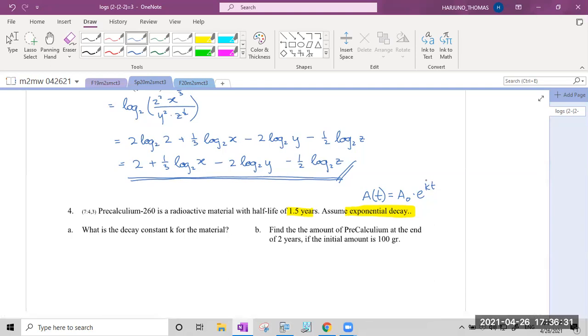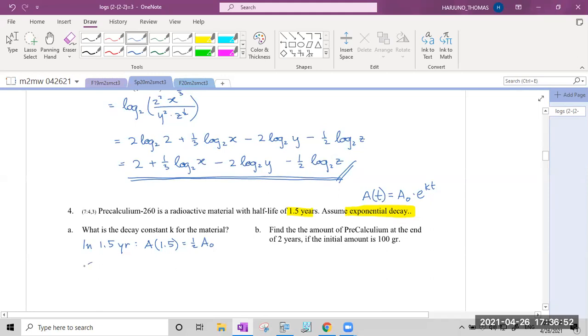The half-life is 1.5 years. It means that after 1.5 years, the amount is half of A sub 0, the initial amount. That's what it means.